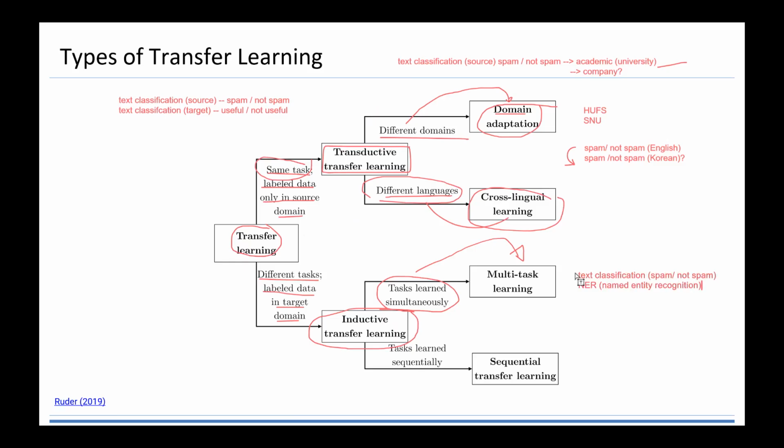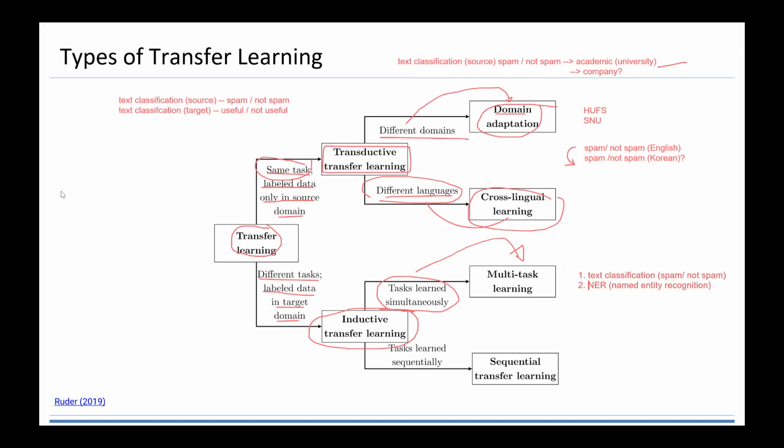So it is multitask. The first task is text classification, and the other task is NER, named entity recognition. So in the same model, we can apply two different tasks.